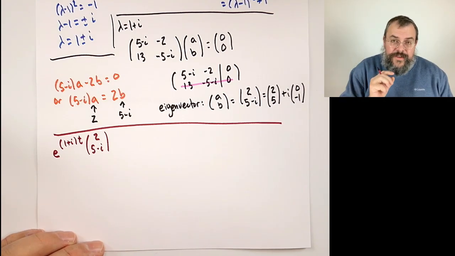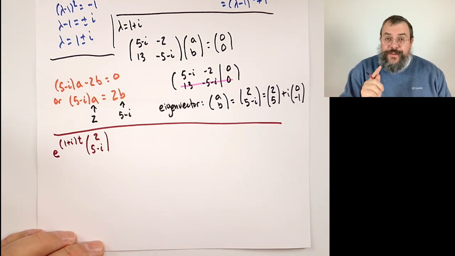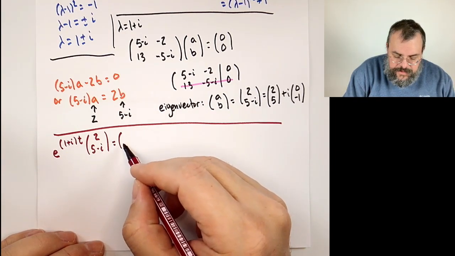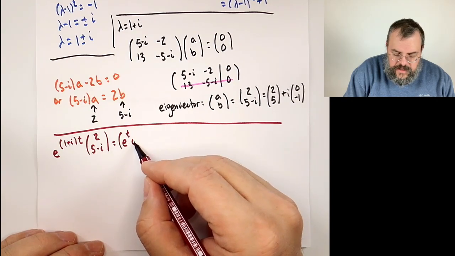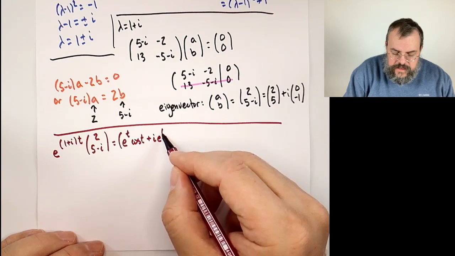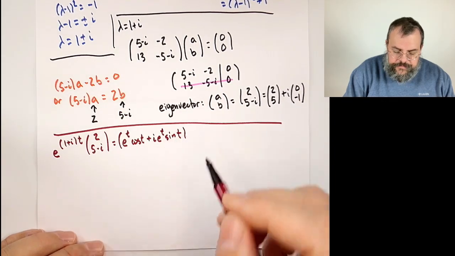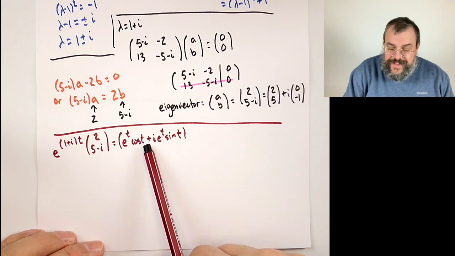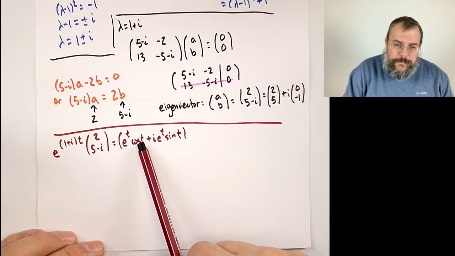So what we're going to do is say, hey, we know things. This first function can be rewritten as e to the t cosine t plus I e to the t sine t. Now, because they're both ones in there, it's hard to keep track of what came from what.